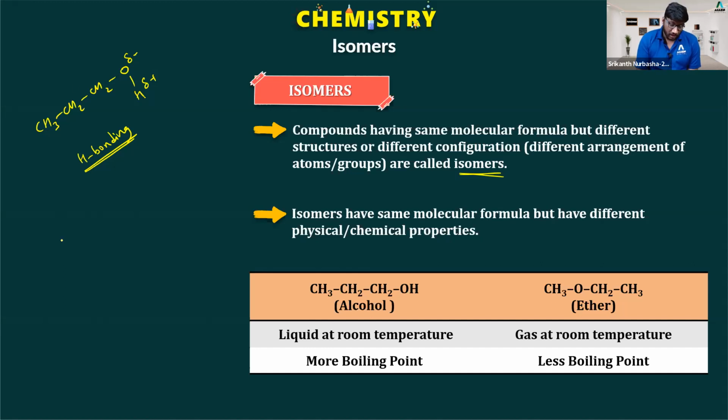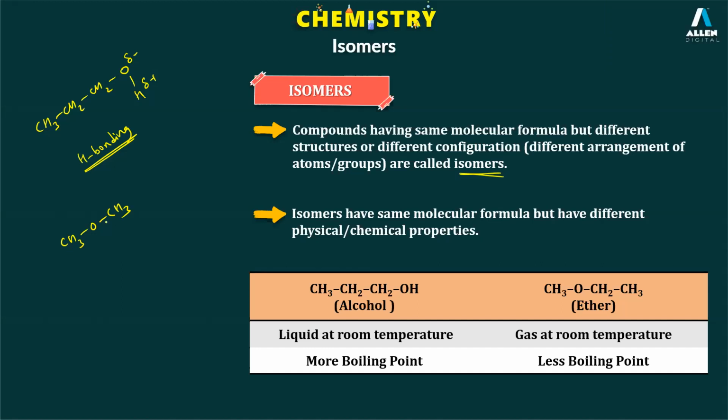But if you consider ether, CH3OCH3, is it going to have a net dipole moment, or is it not? Is it having zero dipole moment? Ayushi, dipole moment is there or not?